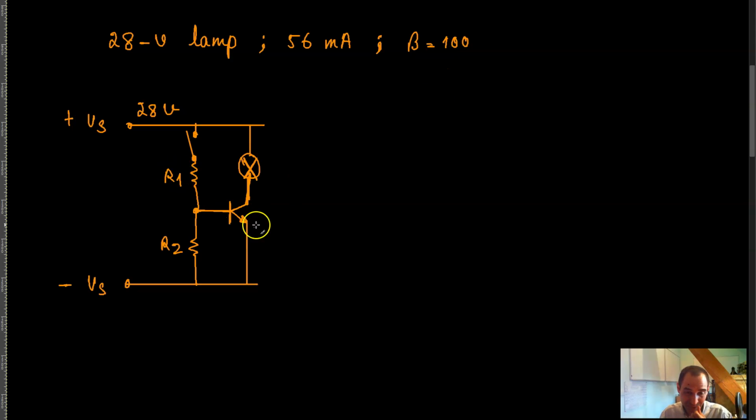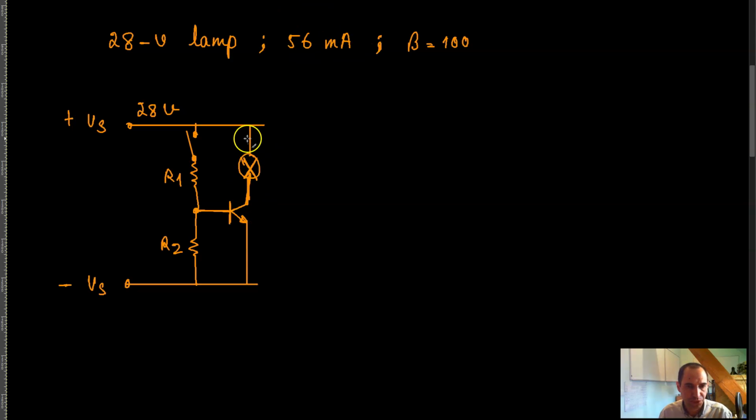And I know that the beta of the transistor is 100, right?